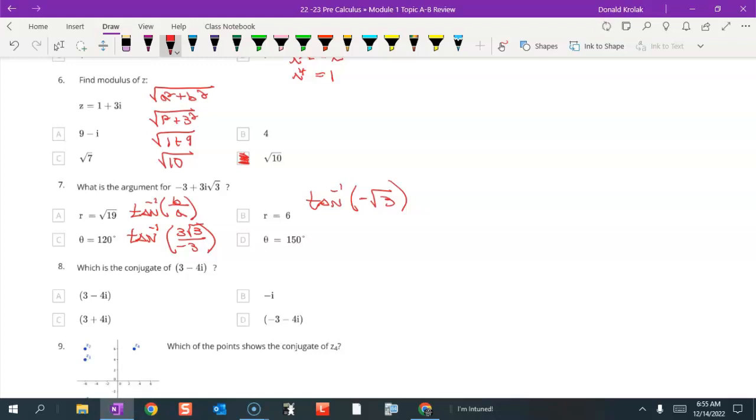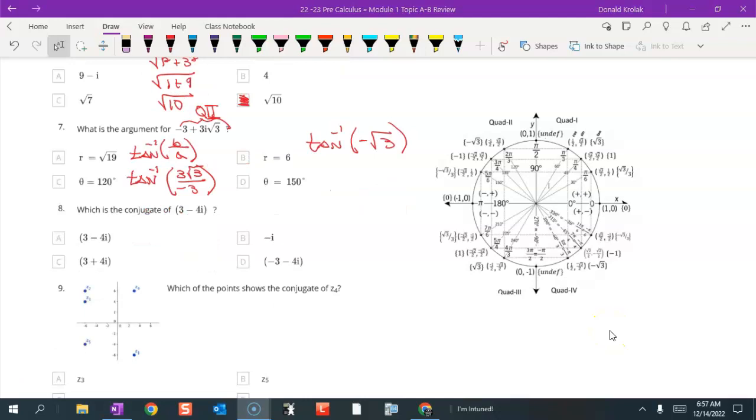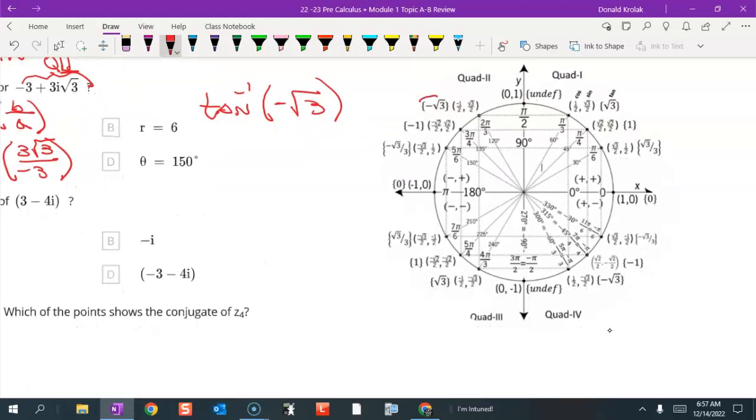We know this is in the second quadrant, so I'm looking for a tangent that is negative square root of 3, so that is 120 degrees, or 2 pi over 3.